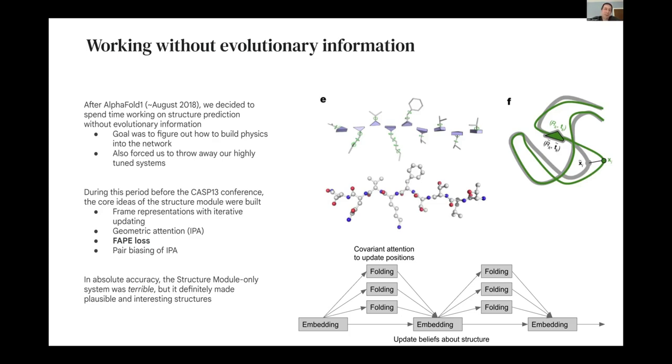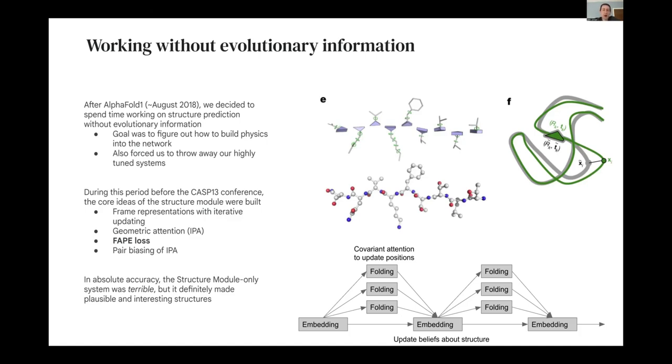And after maybe a few weeks, a month of working with what was basically a structure module on the evolution-free problem, Rich decides, well, what if we just add the distogram in as another 2D input? And almost immediately, as soon as he does that, and we use the CASP-13 distograms, we see really good structures.